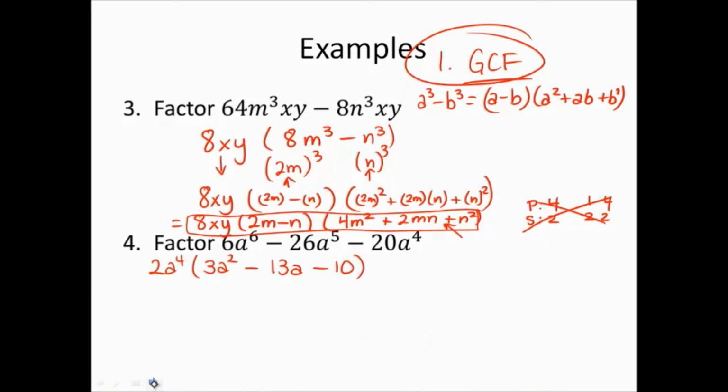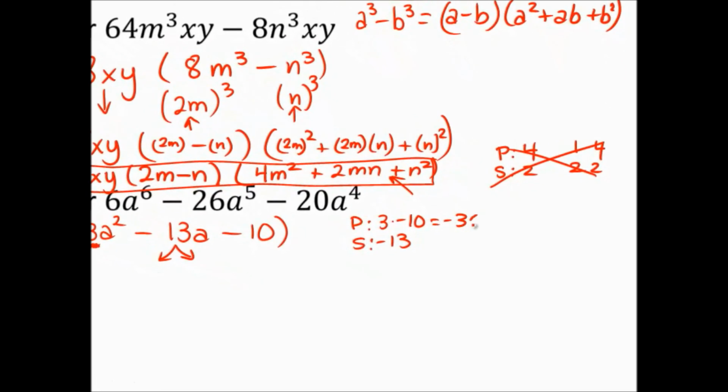So let's look back here. There are no perfect squares, and there is a leading coefficient. So if you do have a number in front, you need to split up the middle term so that its sum is the middle term, negative 13, but its product will be coming from the first times the last, 3 times negative 10, which is negative 30.